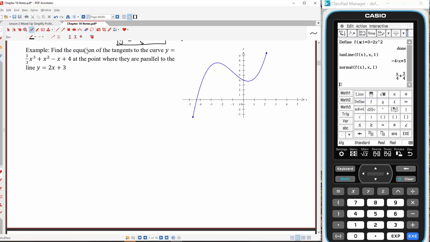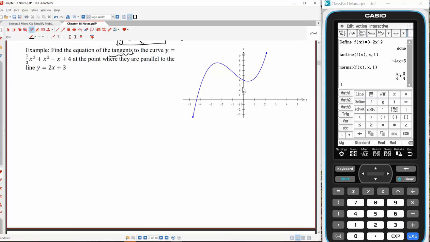Okay, last problem. Find the equation of the tangents to the curve, and notice that they say tangents here, at the points where they are parallel to the line y equals 2x plus 3. There's going to be a bit of work involved in this one. Firstly, I'm going to find out for what values of x, because there are going to be two tangents, they're parallel to the line y equals 2x plus 3. Let's quickly sketch that as well.